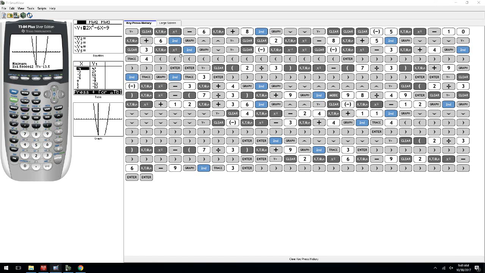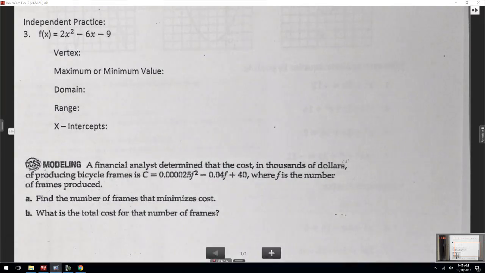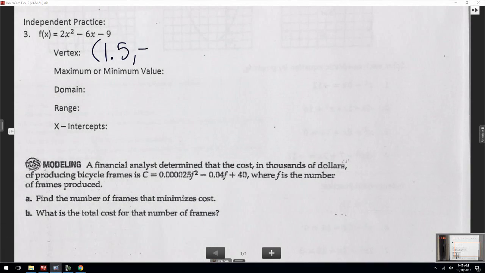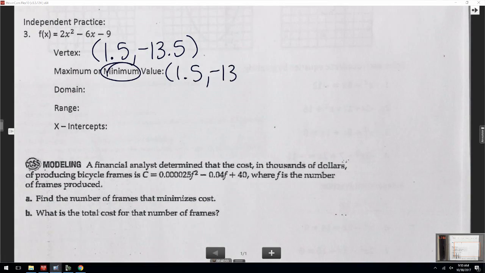Alright, so, what was it again? 1.5. Okay. Negative 13.5. So that was a minimum value, and that's the same as your vertex.